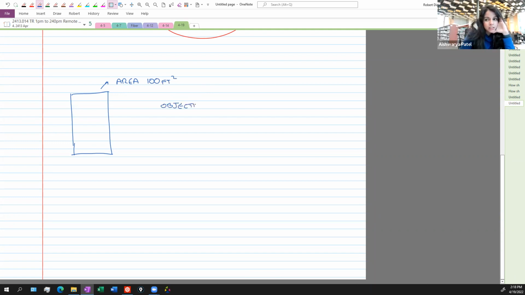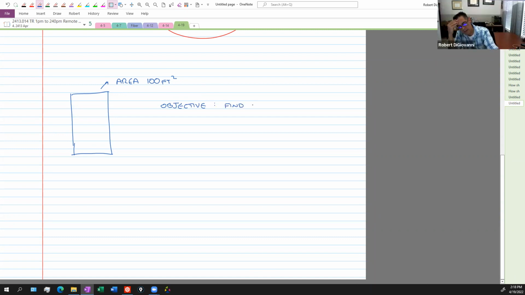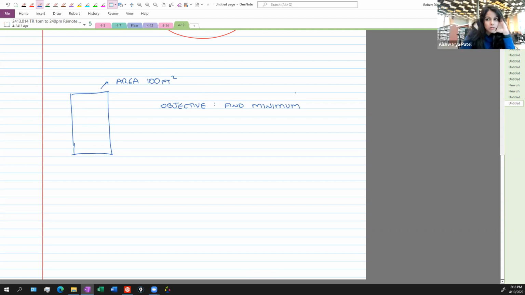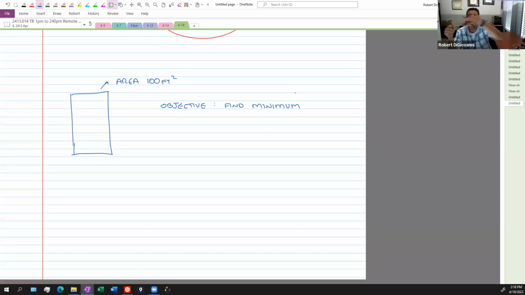Find the minimum, not maximum, minimum what? X value, like variable, the minimum size of the fence. The minimum perimeter. We want to find the minimum perimeter.